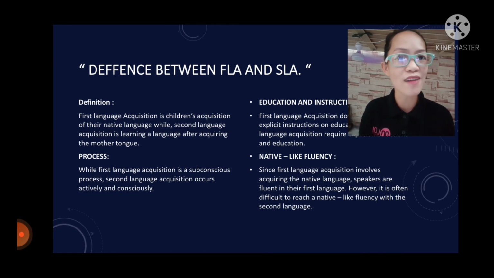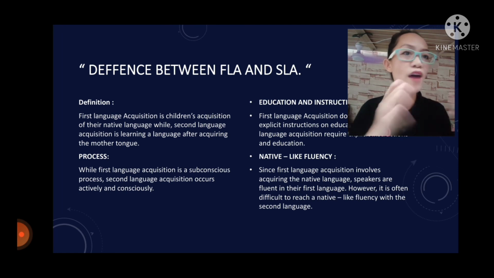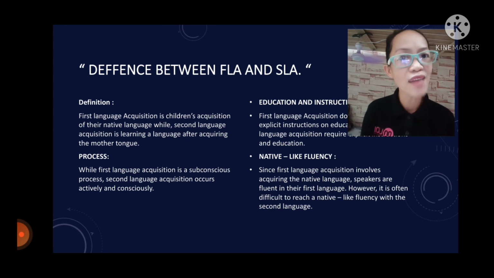So the first language acquisition, or the FLA, is when a child acquires their native language. And second language acquisition is learning a language, or you have to learn that language at school, after acquiring the mother tongue. Regarding the process, while first language acquisition is a subconscious process, second language acquisition occurs actively and consciously.